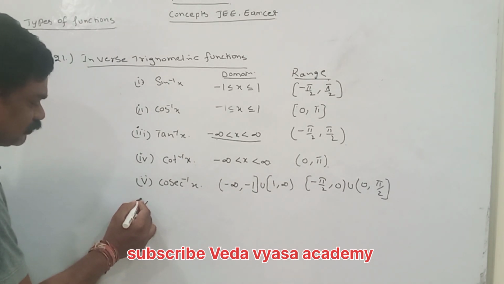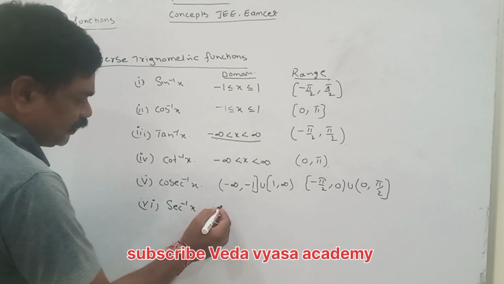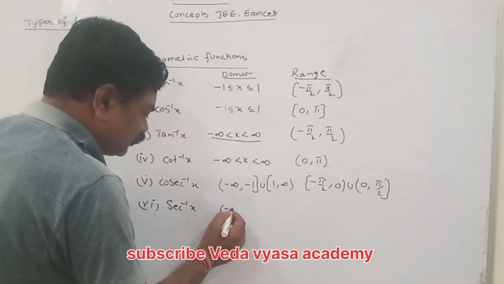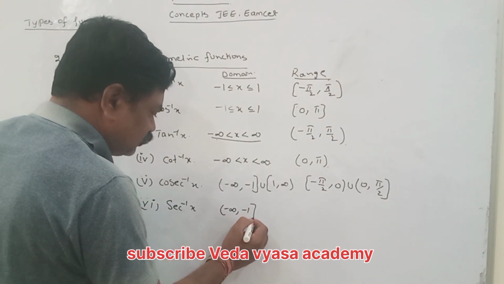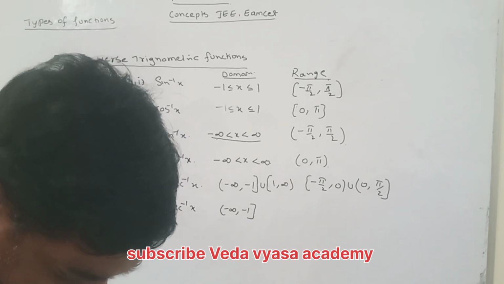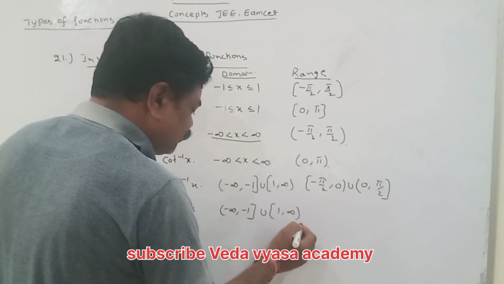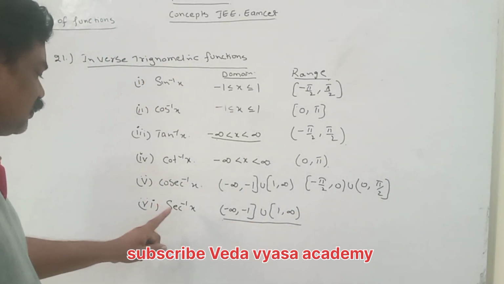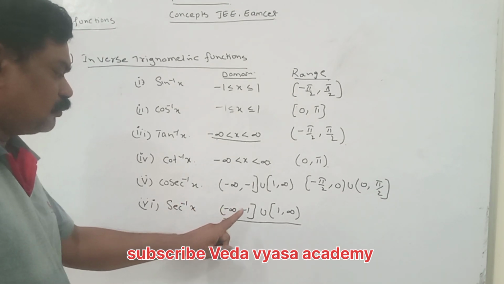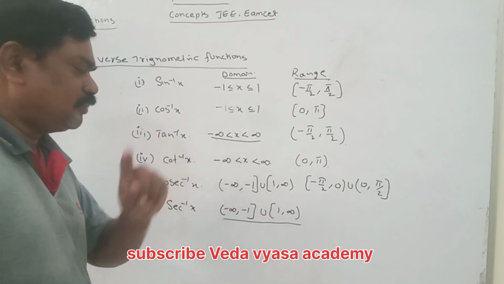And the sixth one is secant inverse x. What is the domain of secant inverse x? Open minus infinity to minus 1 closed, union closed 1 to open infinity.